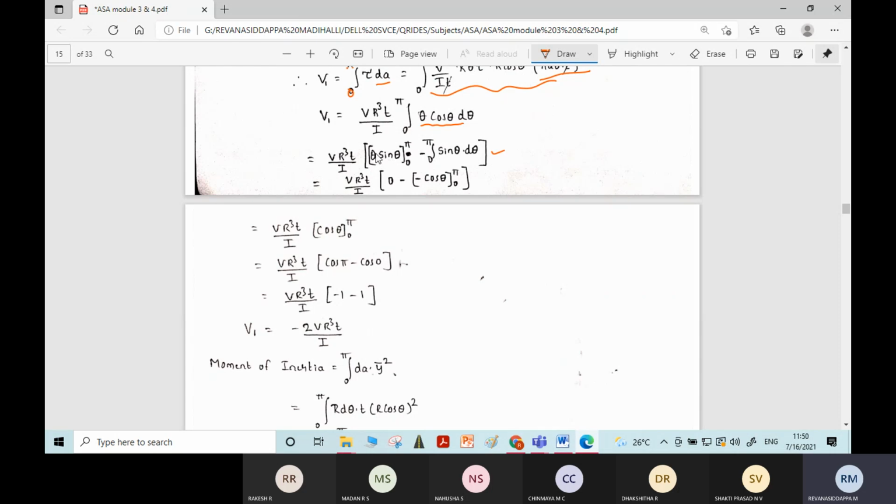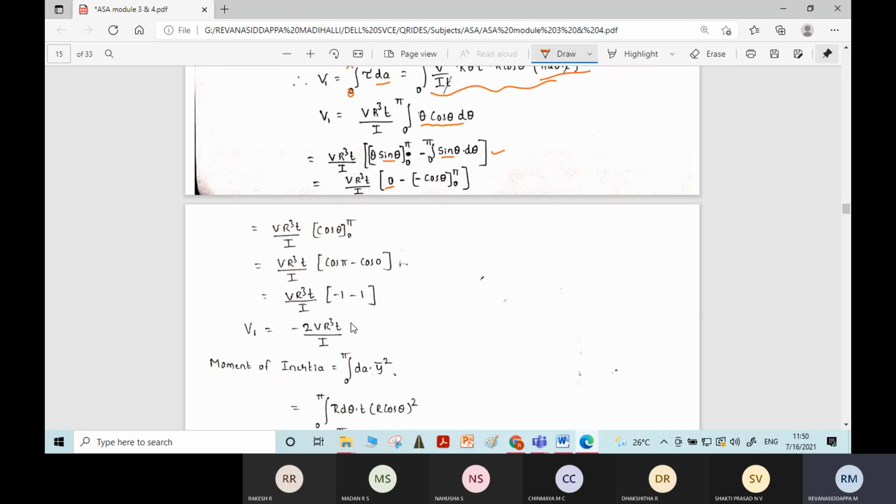Theta into integration of cos theta, which is sin theta, from 0 to pi, minus the integration with the same limits 0 to pi of the integration of the second term, sin theta, into d theta. By applying the limits for the first part you will get 0, minus the integration of sin theta, which is minus cos theta, with limits from 0 to pi.